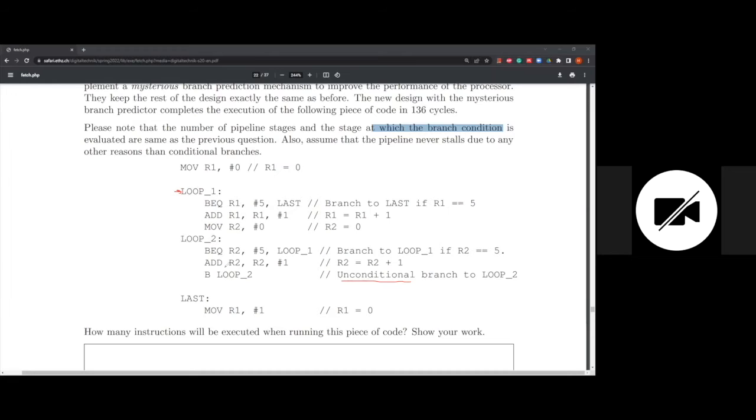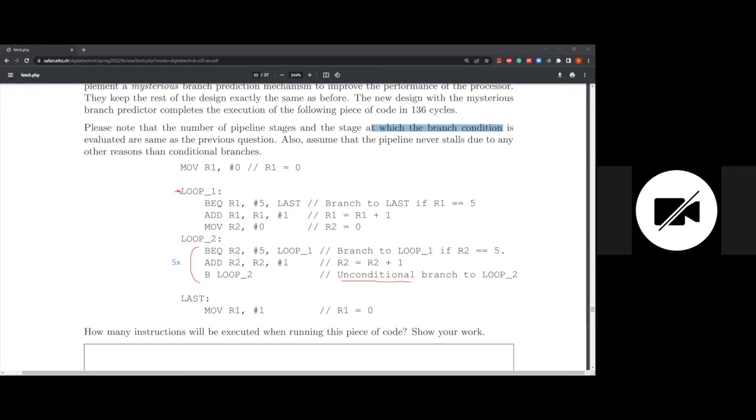So when you think about it, what happens is this part is executed 5 times. This is because we start with R2 at 0, and then we don't take the branch when R2 is 0, 1, 2, 3, and 4.